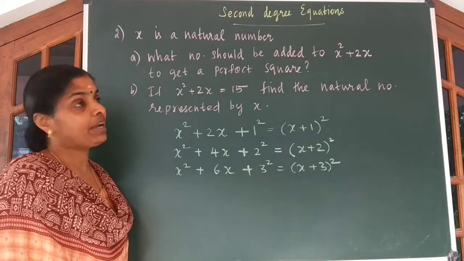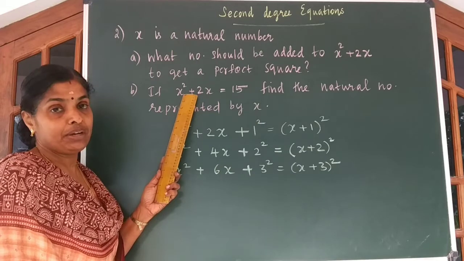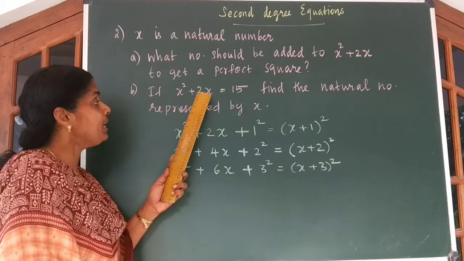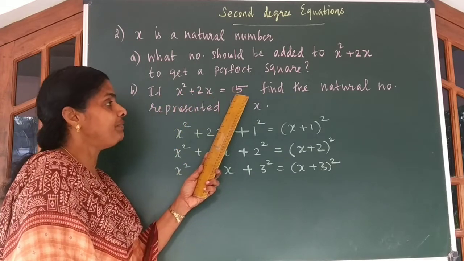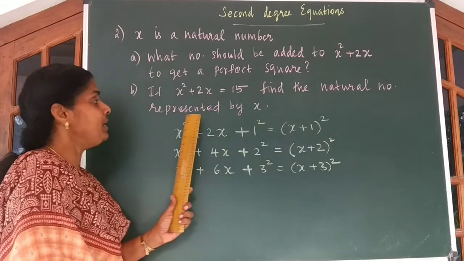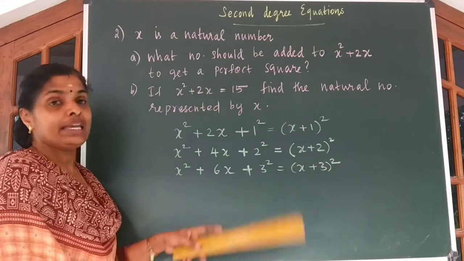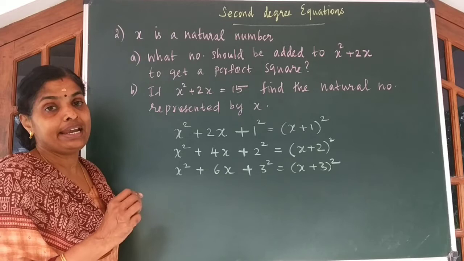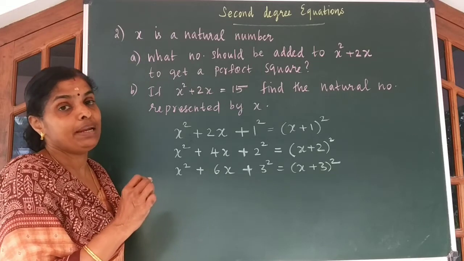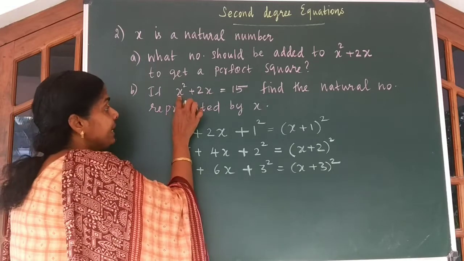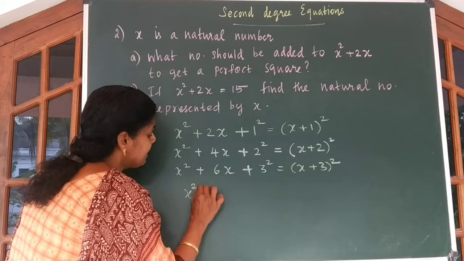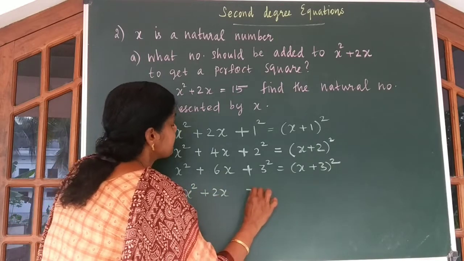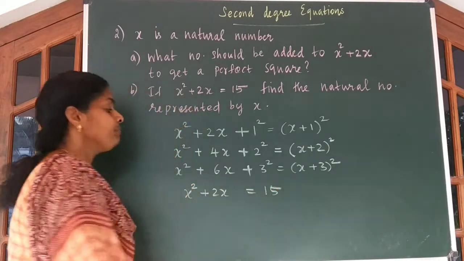Now let us look at the second part of the question. If x square plus 2x is equal to 15, find the natural number represented by x. We call this method the method of completing square. Take this side, you get x square plus 2x is equal to 15.